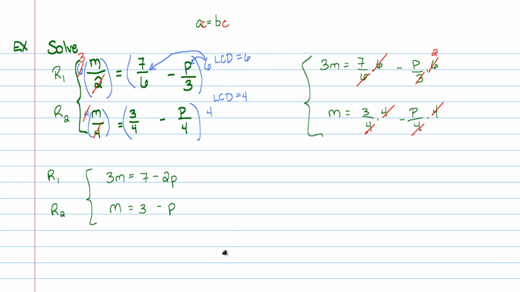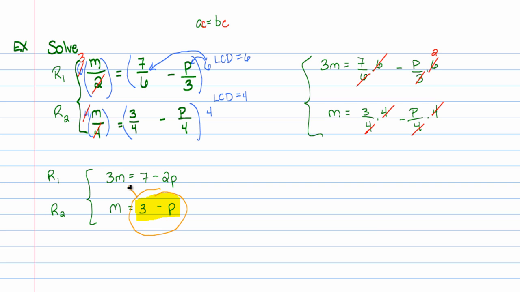And in fact, this one is already kind of almost done for us, because it's already telling me, listen, we want to know when these two are equal. Well, when they're equal, their m values are the same. So in other words, this value of m should be the same as the value of m in the first equation. So what I could do is take this 3 minus p, grab it, and substitute that in for m into the top equation there.